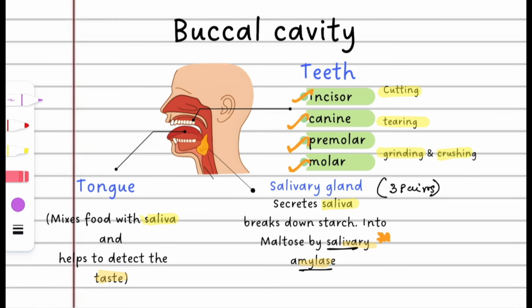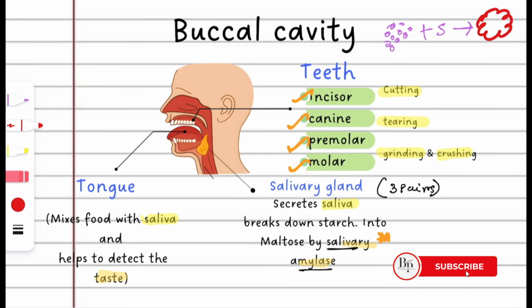From here the bolus will pass down into our next part of the alimentary canal, the esophagus or the food pipe. Once again, how does this bolus form? When the food gets broken down with the help of the teeth and it mixes with the saliva, it forms bolus. Okay, this bolus then passes down into the esophagus.